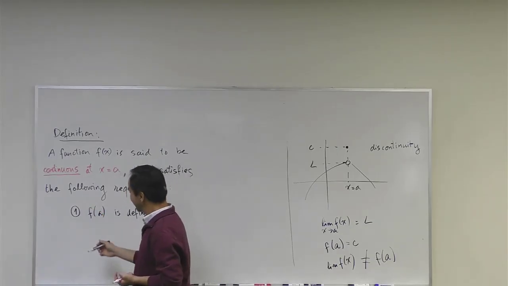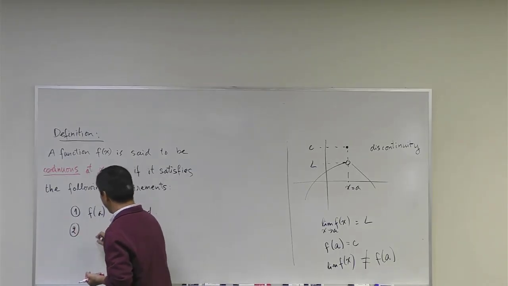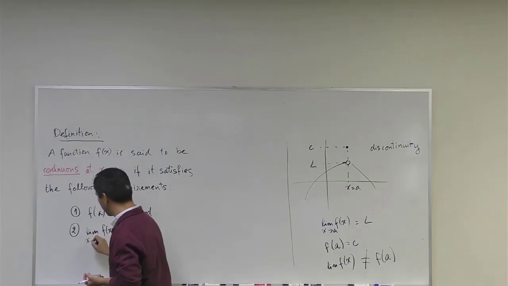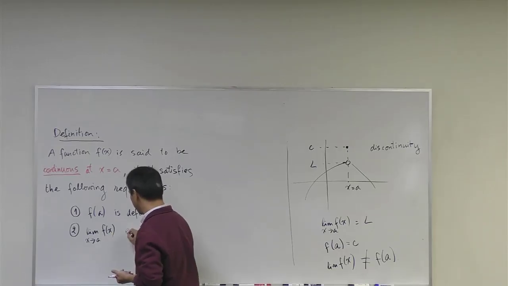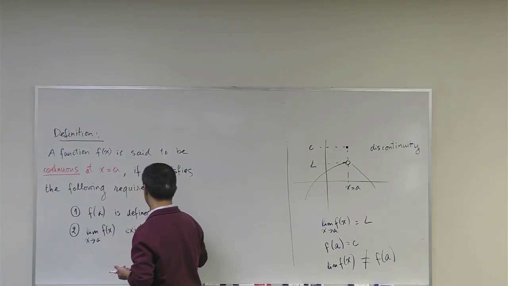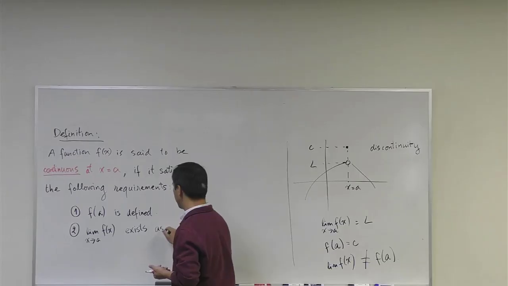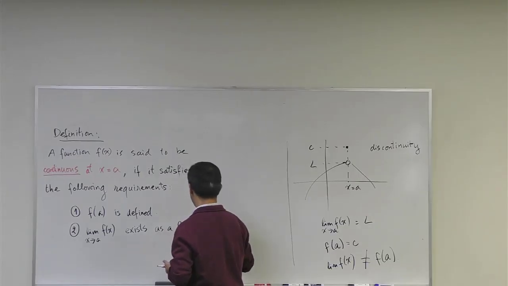And then aside from that, the next requirement is here. When you're looking at the limit for the function, treating a right here as a limit point, and taking the limit of the function when x comes to a, the limit has to exist and be a finite value.